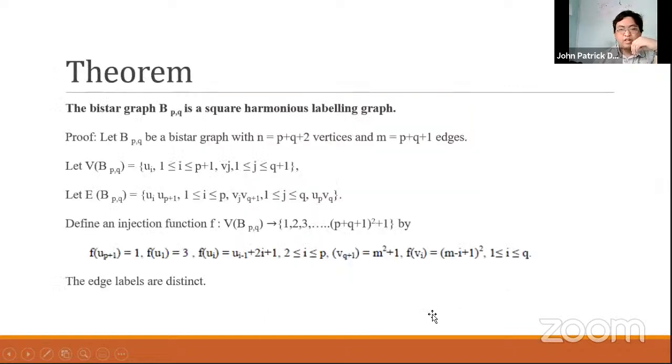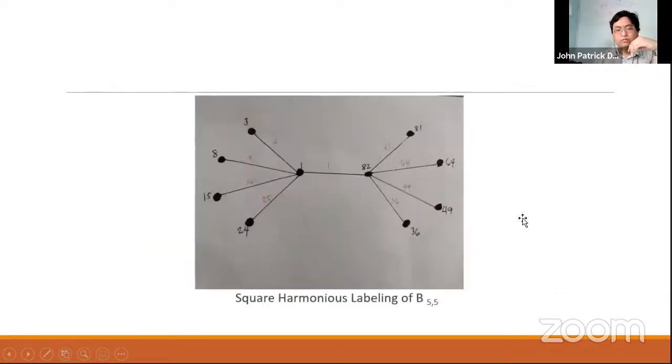Next is the bistar graph, which also has a square harmonious labeling. To visualize, here is a sample of B55.